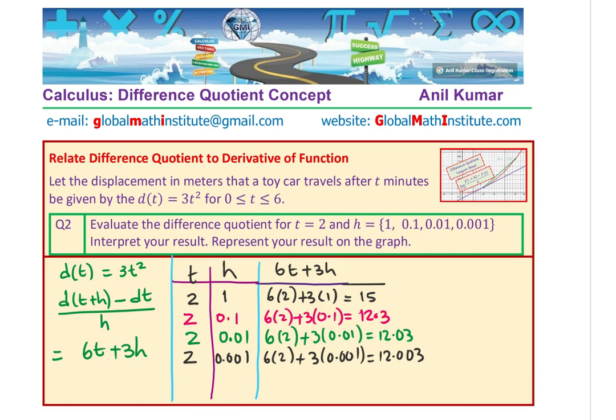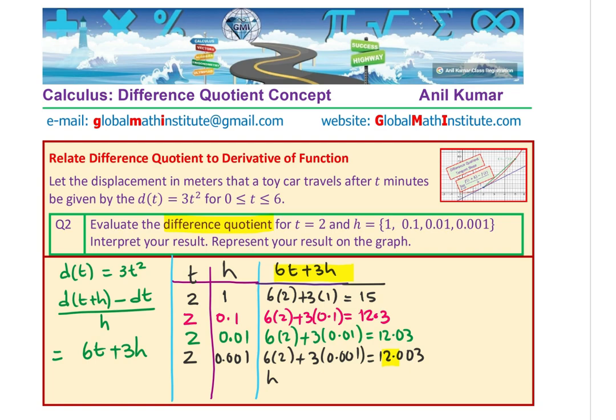So what do you notice? You notice that the difference quotient value, which we are calculating, is approaching 12. Do you see that? As h approaches a smaller value, right?